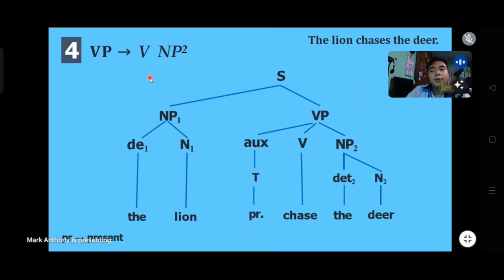Again, if we take a look at the basic structure rule in the verb phrase, here we have the verb and two noun phrases. As we can see here is the verb, and here are the two noun phrases: noun phrase number 1 and noun phrase number 2.